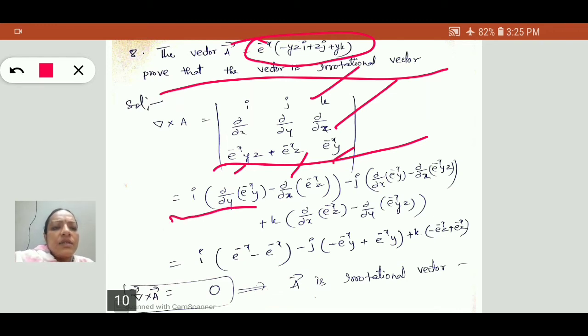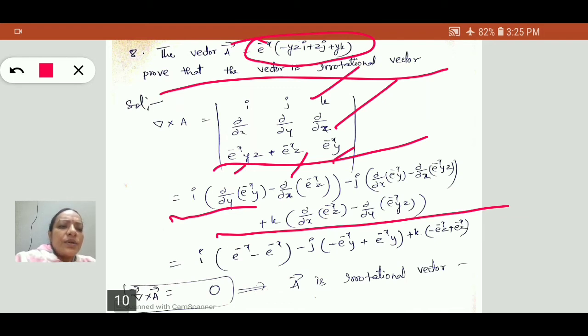Next, calculate the determinant: i times (∂/∂y of e^(-x) y minus ∂/∂z of e^(-x) z), minus j times (∂/∂x of e^(-x) y minus ∂/∂z of e^(-x) yz), plus k times (∂/∂x of e^(-x) z minus ∂/∂y of e^(-x) yz).